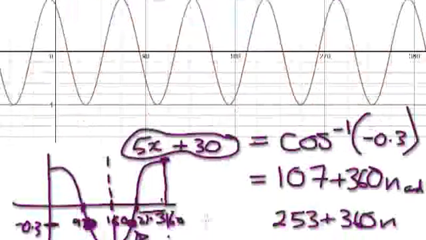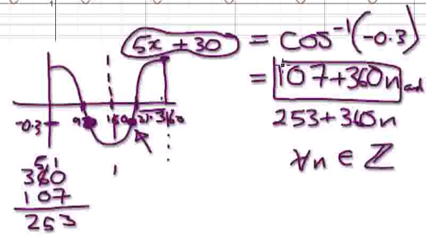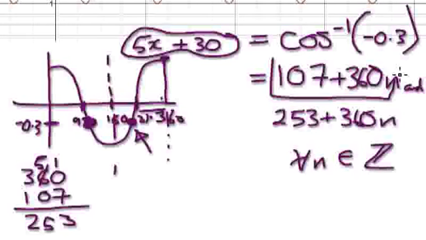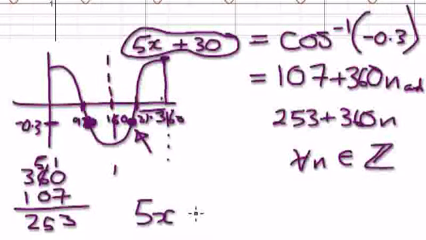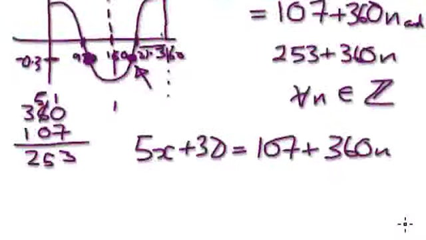Looking at the first set for the time being, we will sort out the other later. So 5x plus 30 equals 107 plus multiples of 360n.